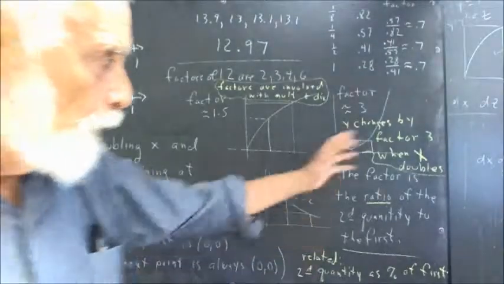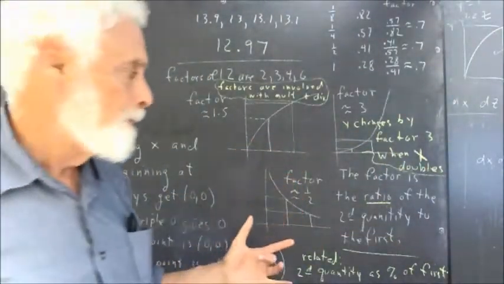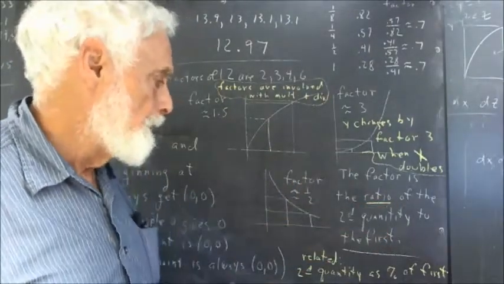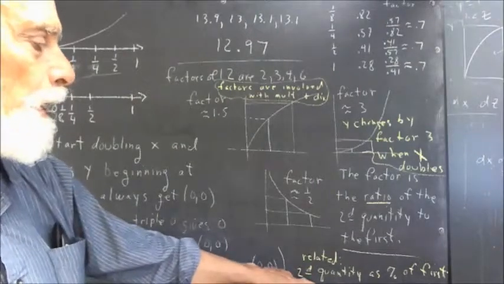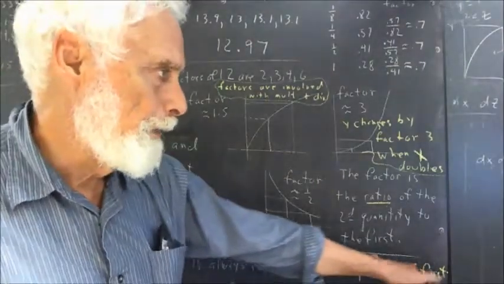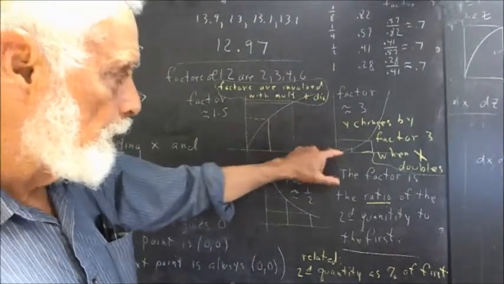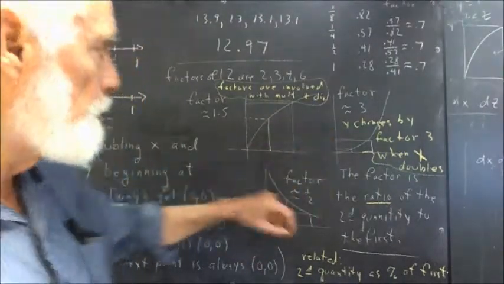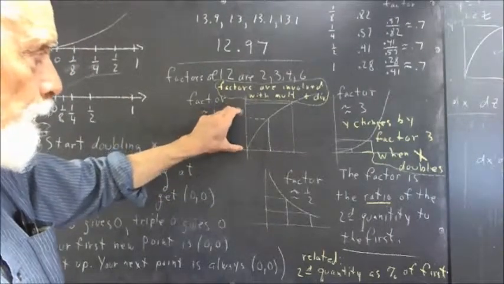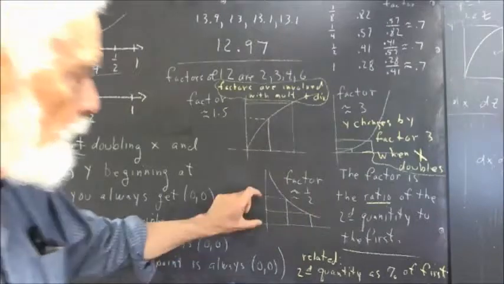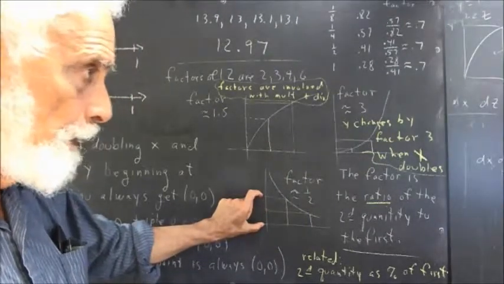Now I could write all kinds of qualifiers around that, but from the context of what we're talking about, it should be clear what I mean. Okay, and I have down here related: we can think of the second quantity as a percent of the first. So again, this is 300% of this. Here's your first y value, here's your second. It makes good sense that this is 150% of this. Here's your first y value, your second. This is about 50% of this.